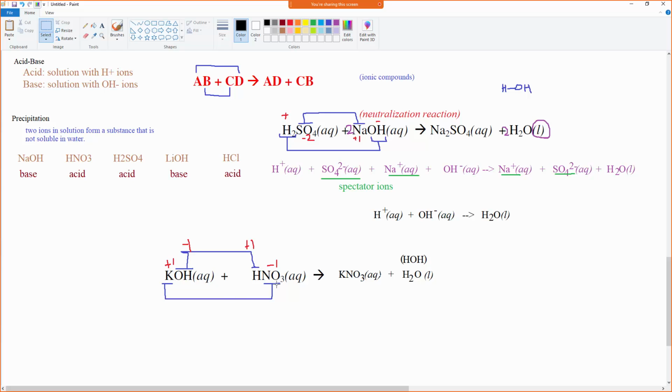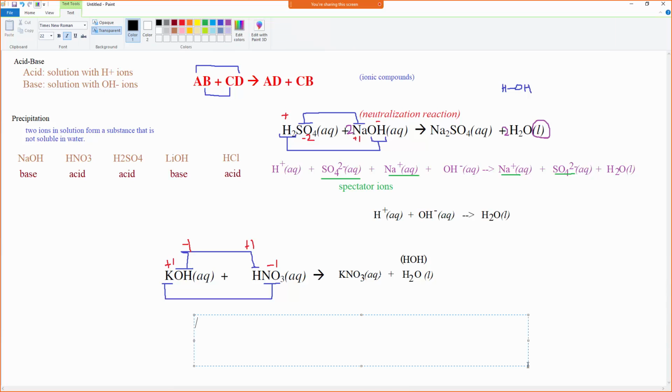I've got one of each potassium and nitrate, and then I have a total of 2 hydrogens and 1 oxygen in the reactant side and the same in the products. Okay, good. So then my net ionic equation, if I look at the one thing that changed, it was water here. So in my net ionic equation, that's going to be my product. I'm going to form water.